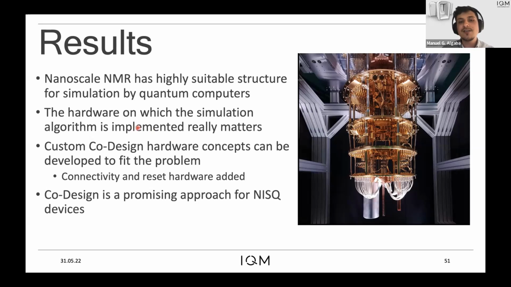Also, custom co-design hardware concepts can be developed to fit the problem, as we did with the creation of this specific structure, the reset with the QCRs, and the resonator placed in the middle. And finally, co-design is a promising approach for niche devices, since it allows you to save lots of gates compared to more conventional approaches.